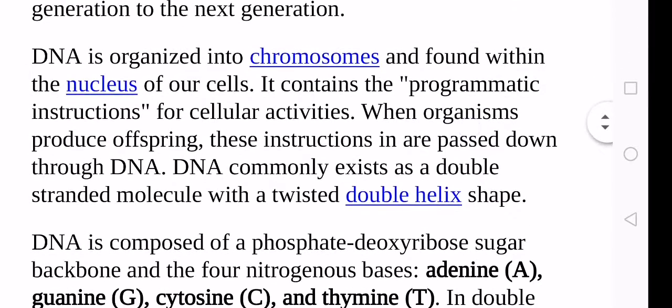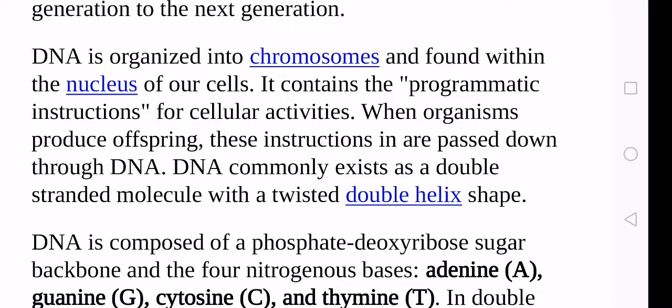DNA is organized into chromosomes and found within the nucleus of our cells. It contains the programmatic instructions for cellular activities. When organisms produce offspring, these instructions are passed down through DNA.